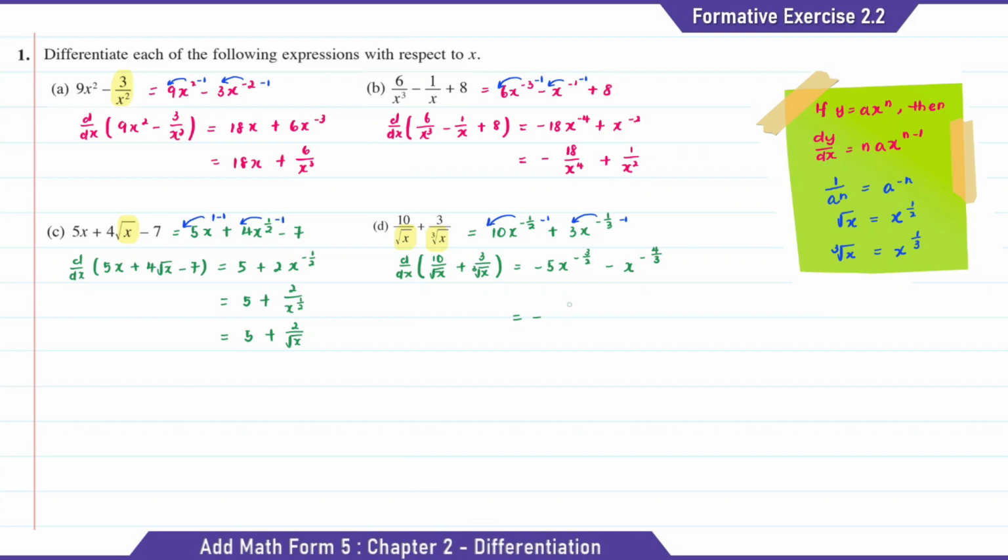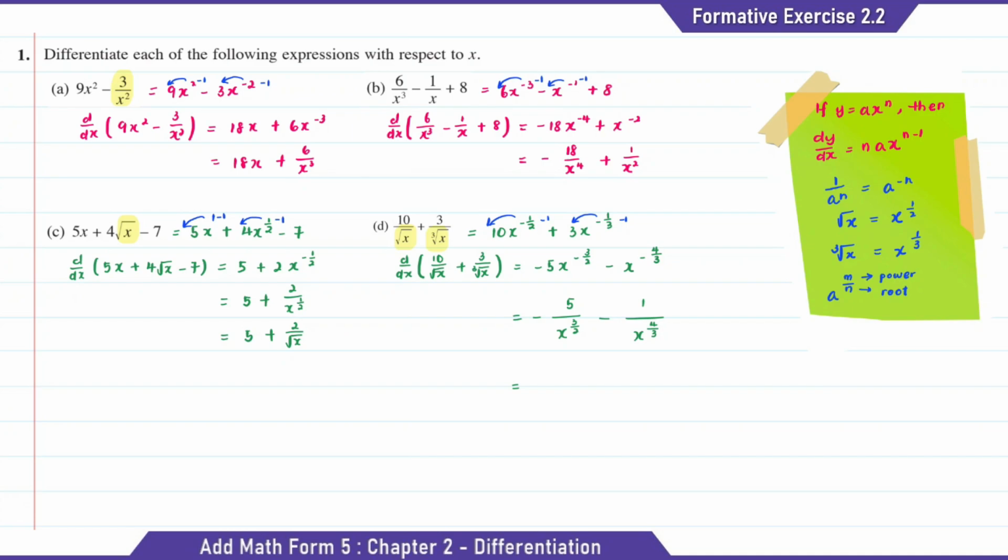This is the same as negative 5 over x to the power of 3 over 2 minus 1 over x to the power of 4 over 3. This is the same as negative 5 over square root x to the power of 3 minus 1 over cube root x to the power of 4.